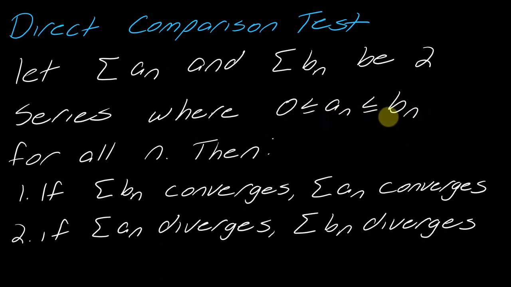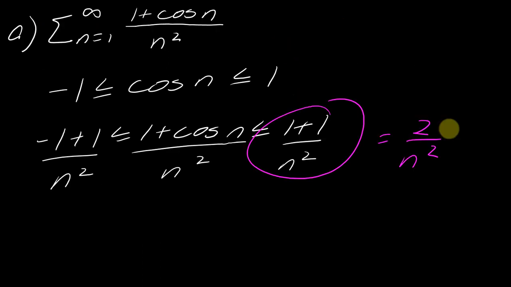I have this relationship here: a sub n is less than or equal to b sub n. So if b sub n converges, then a sub n converges. So the series that I've made, if it converges, then we're good to go. And the series that I've made now, the sum from n equals 1 to infinity of 2 over n squared, is really just the p series.